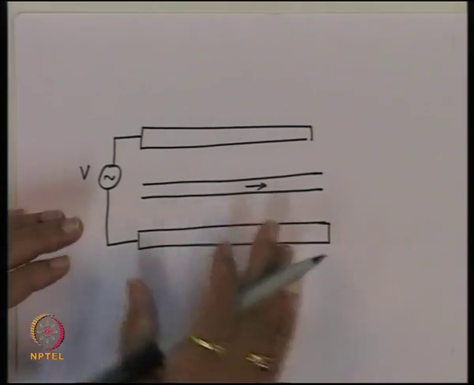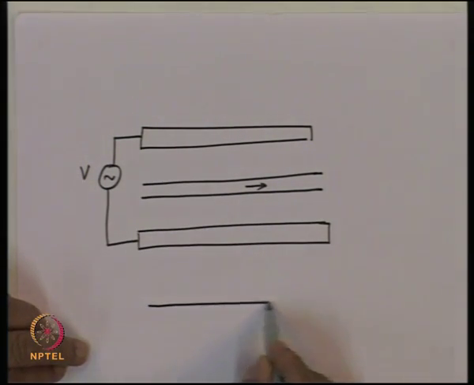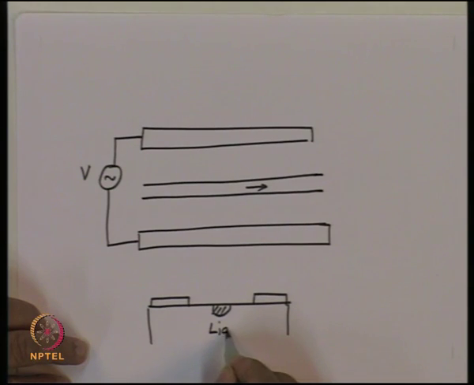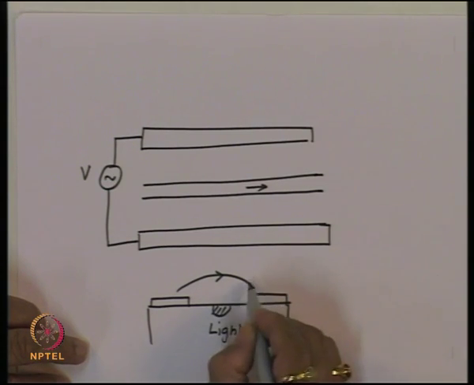So now if I look at the structure edge on, essentially the structure looks like this. We have these electrodes which are here, where the voltage wave is going to travel, and we have a channel waveguide which is here where light is going to travel. So here is the light, and here is the voltage or E field.